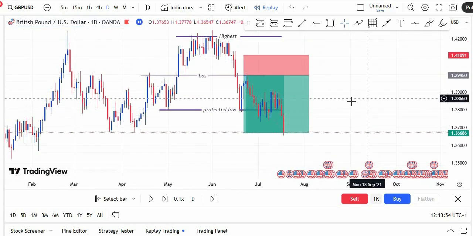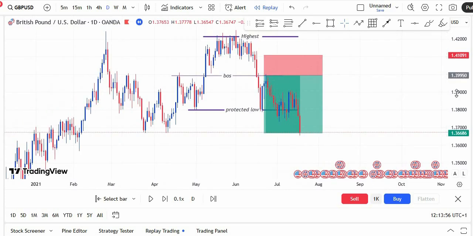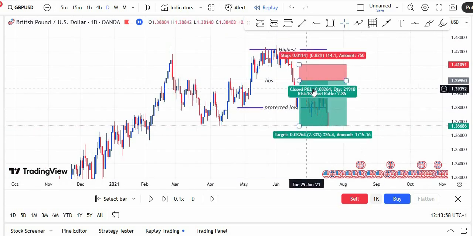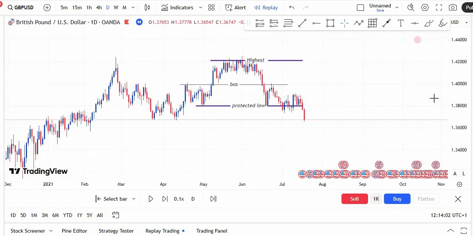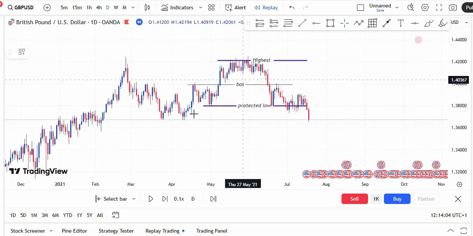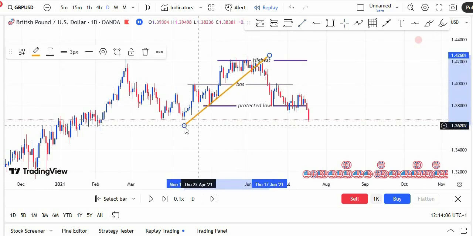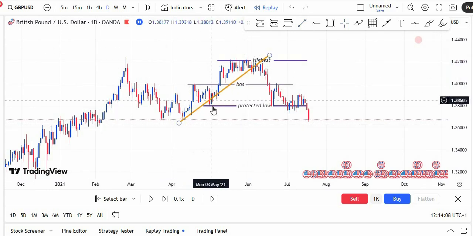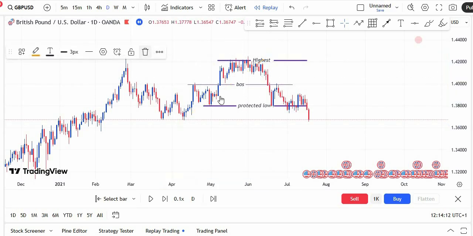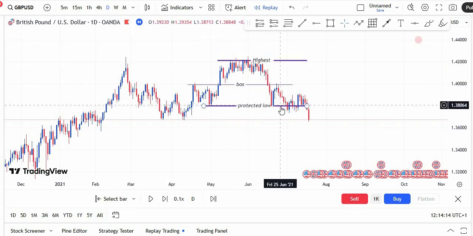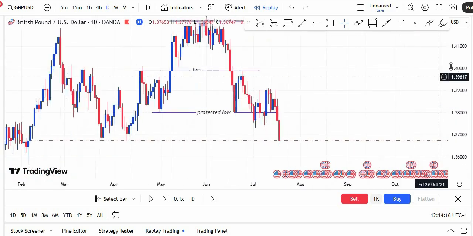And that is how we made money, just by understanding market structure and trend lines. So now as you all can see, we were once in an uptrend. One touch, a second touch, just understanding it. We have a protected low that has been broken.